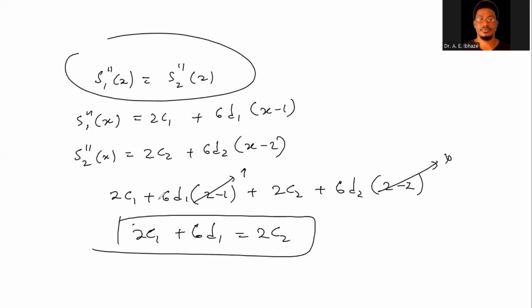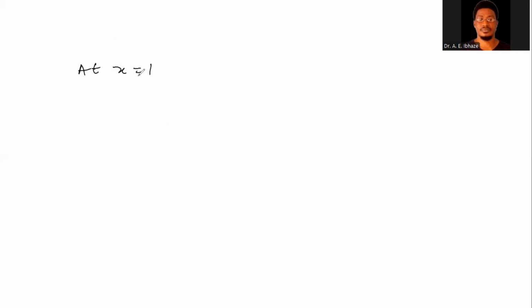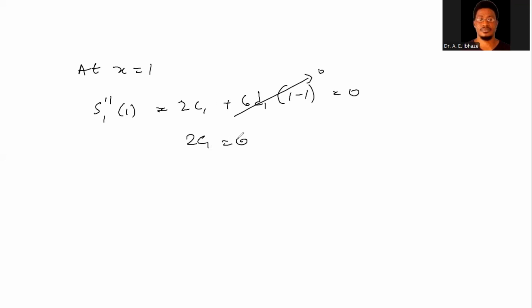And then the next point is to evaluate the natural spline boundary condition, for which we have at x being the same as 1, the second derivative of S1 of 1 will be the same as 2C1 plus 6D1 into 1 minus 1, which is equal to 0, right? Based on the boundary condition, and this reduces to 0, 1 minus 1. So 2C1 is the same as 0. So C1 is the same as 0 over 2, which is the same as 0.